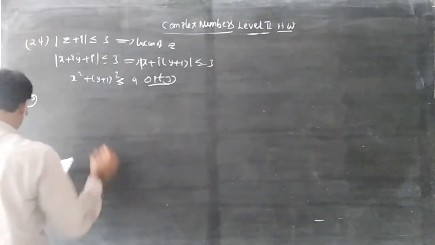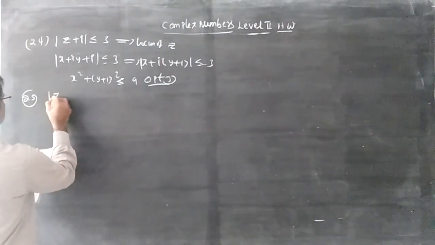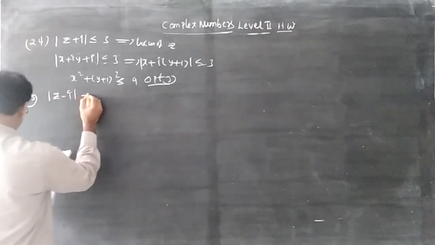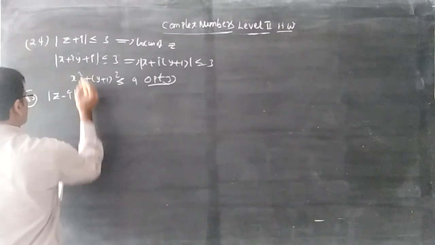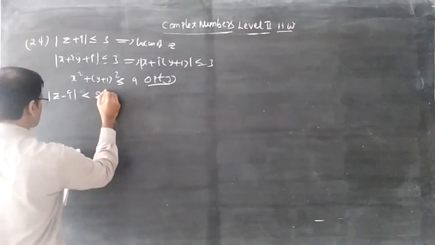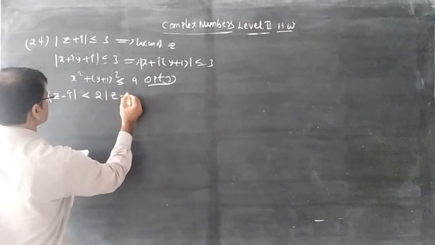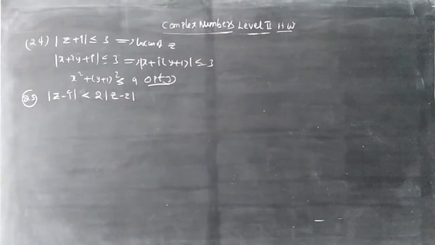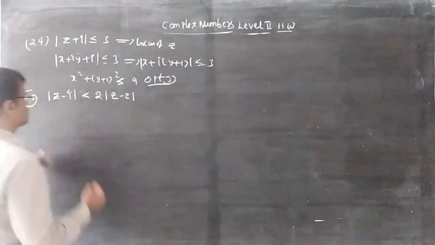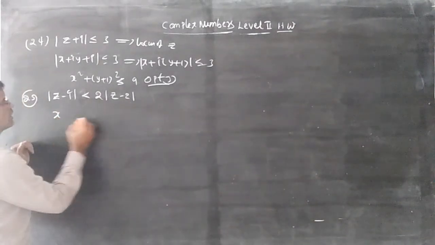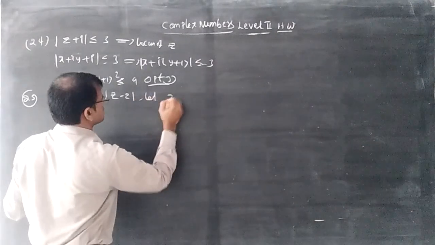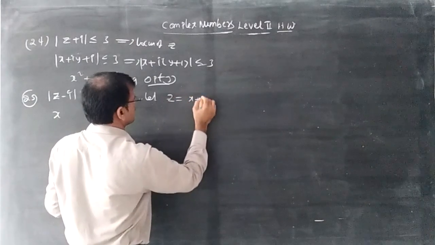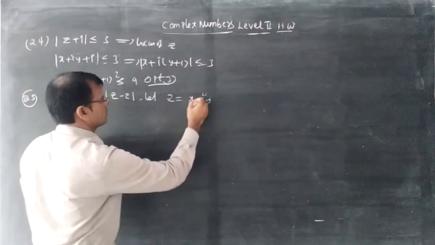25th question. Modulus of z minus i less than 2 into modulus of z minus 2, then what is the locus of z? Completely we should expand it. Let z is equal to the locus point x plus iy.